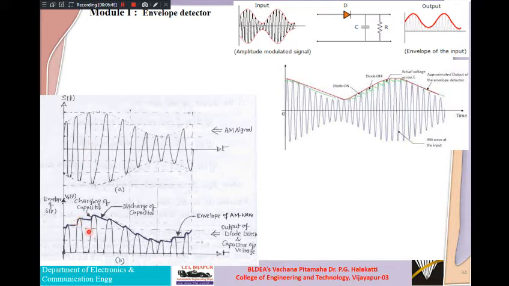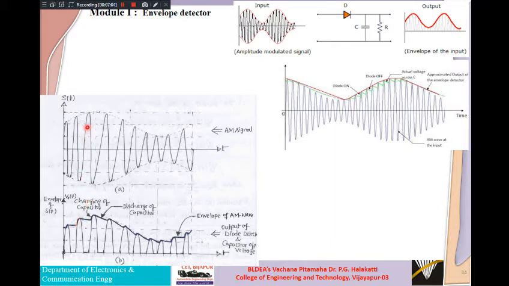Okay, so this one is the voltage we are getting across the capacitor. Now it slowly starts charging towards the peak.